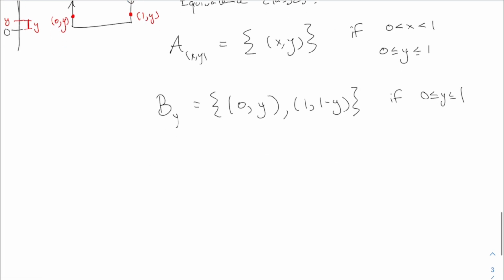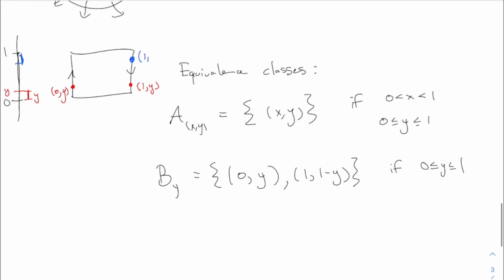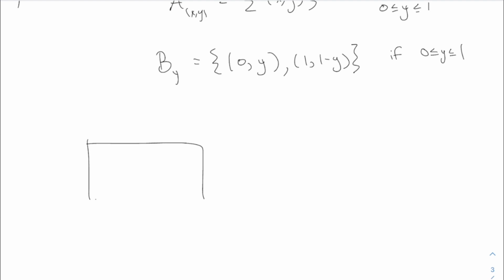Actually, it's much easier to imagine doing that if you just think about it on this picture. Let's say I'm talking about cutting it in half like that. What do you end up getting?